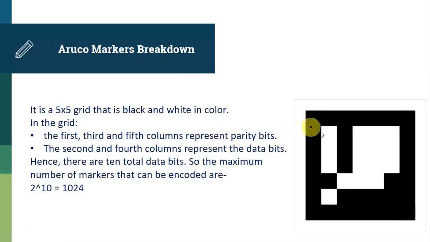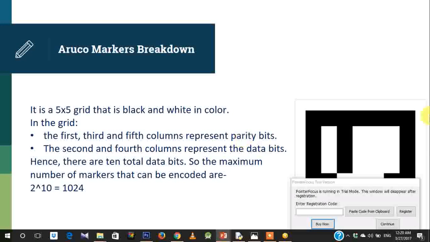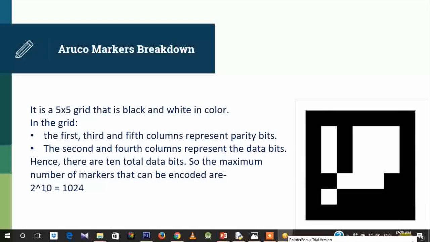In this 5 cross 5 inner grid that we see here, we have the first, third and fifth columns which are represented by parity bits. Parity bits basically are added to the data bits when we need to have a correction algorithm in place. By correction algorithm I mean error detection.